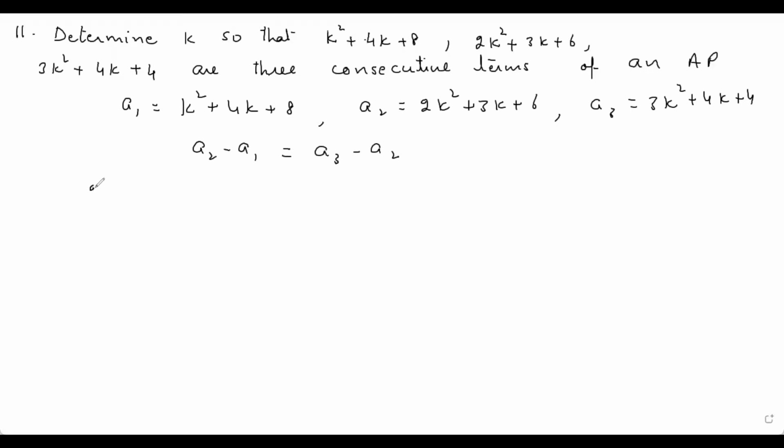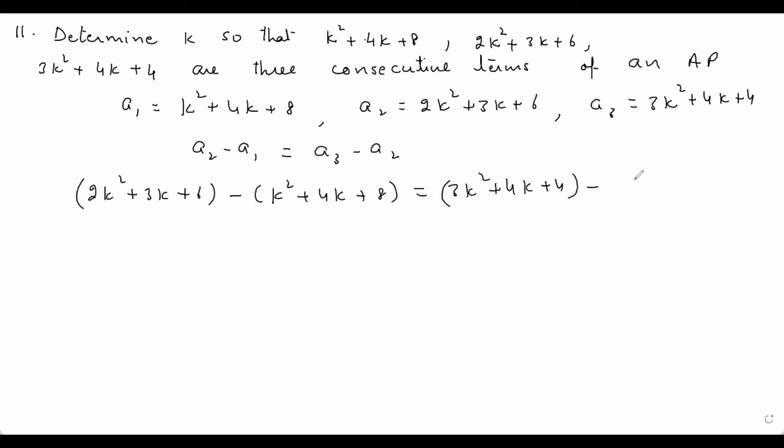Now it means 2k square plus 3k plus 6 minus k square plus 4k plus 8 is equal to, now A3 is 3k square plus 4k plus 4 minus A2 is 2k square plus 3k plus 6.